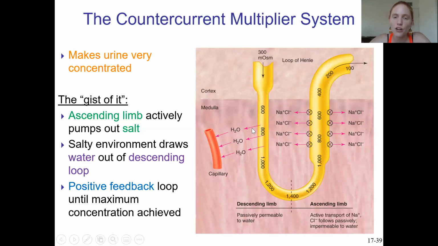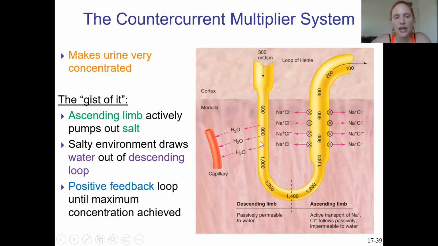As the water leaves the tube, what is left? The solutes, right? So as the water is flowing out of the tube, that leaves solutes behind, and as it goes back up through the ascending limb, those solutes, the salt, will then be pumped out.